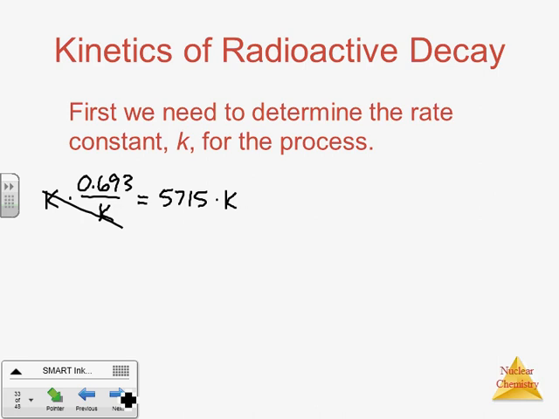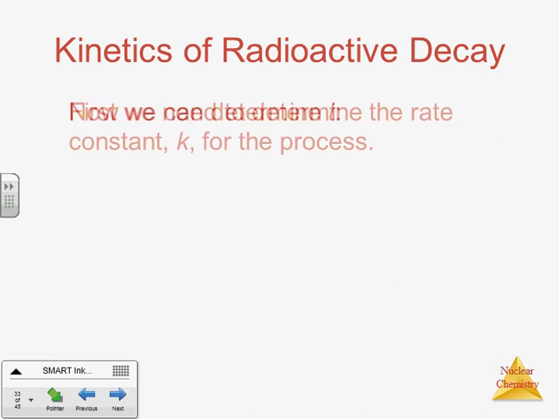So this is going to be a small number, as it is a lot of times with the K constant. Our K here equals 1.21 times 10 to the negative fourth. And because 5,715 is years, the units on this are years to the negative 1. Not a huge deal at this point, but you do want to make sure that you get your units right when you do this.